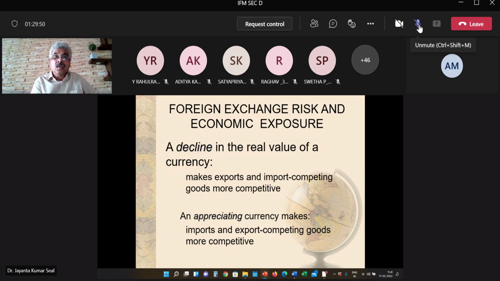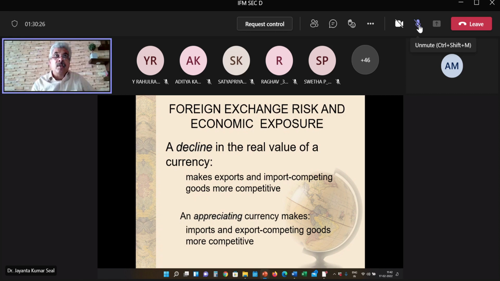Yes or no? And the goods which are import competing, the goods which you are importing. Suppose you are importing a particular good, your import becomes cheaper. So naturally the goods which are available in the market will face competition. See, Indian tea, which is available in the market.